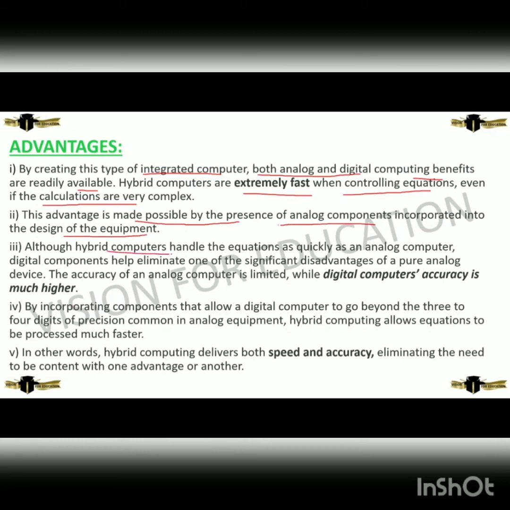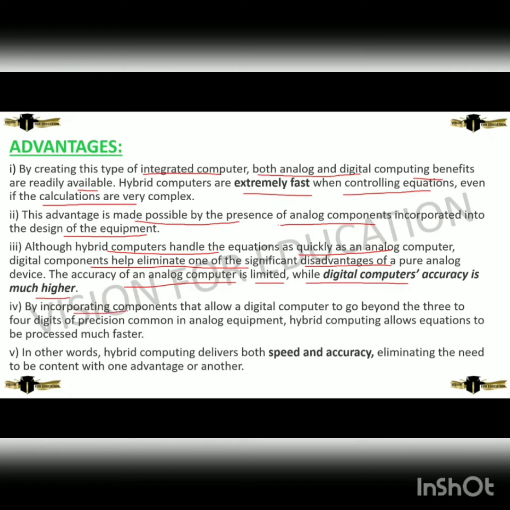Although hybrid computers handle equations as quickly as analog computers, the digital computer component helps to eliminate one of the significant disadvantages of pure analog devices. Accuracy of an analog computer is limited, while digital computer accuracy is much higher.